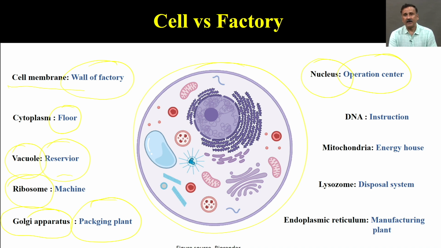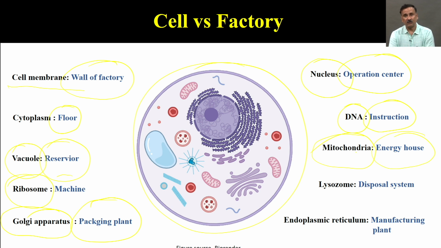You also require a supervisor, a person who gives the different instructions. This job is done by the DNA within the cell. Then you also require an energy source to run the machines. That job is done by the mitochondria.